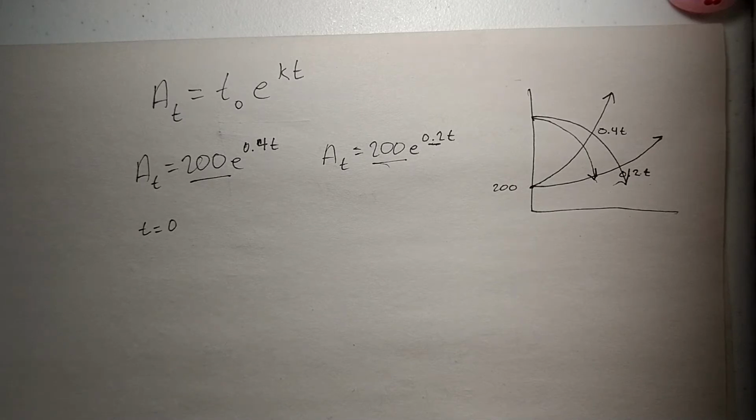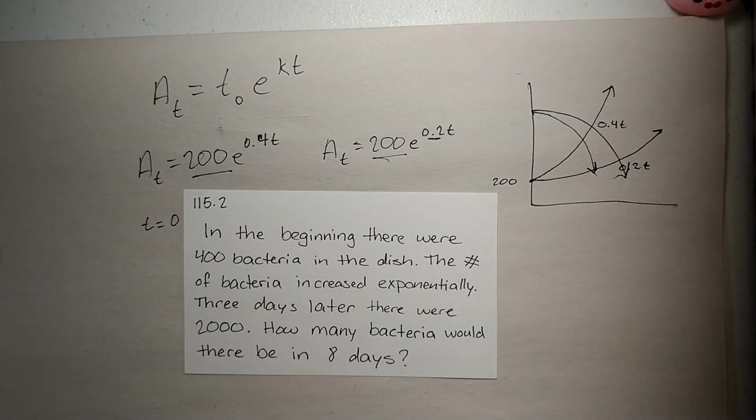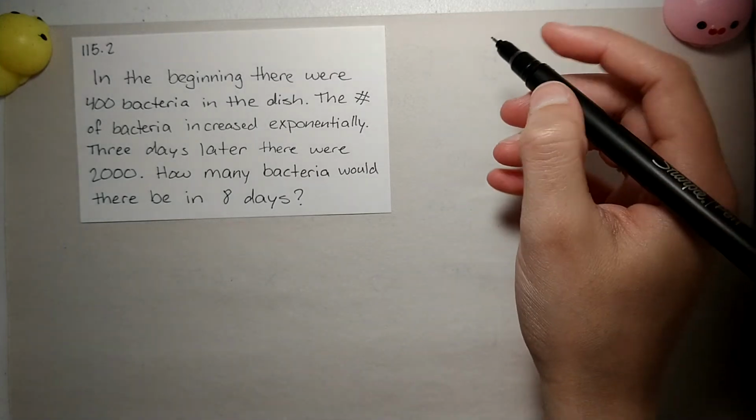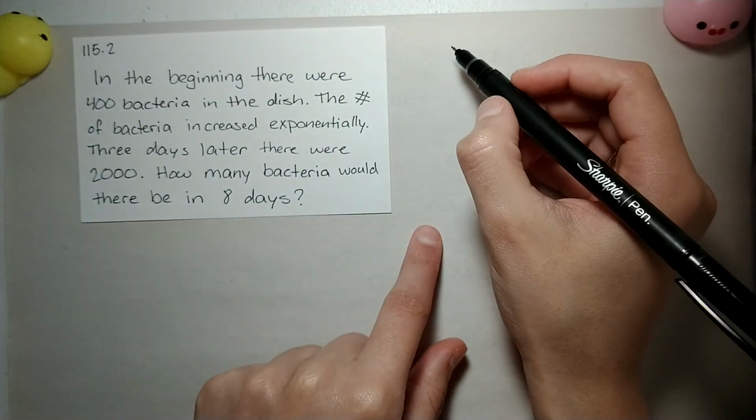All right, so let's take a look at some problems. In the beginning there were 400 bacteria in the dish. The number of bacteria increased exponentially. 3 days later there were 2,000. So how many bacteria would there be in 8 days? All right, so we'll start by writing out that original equation.